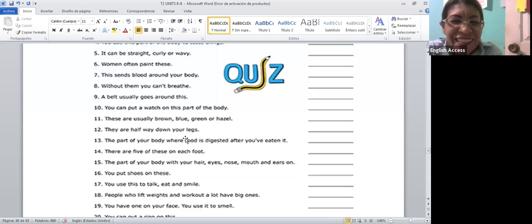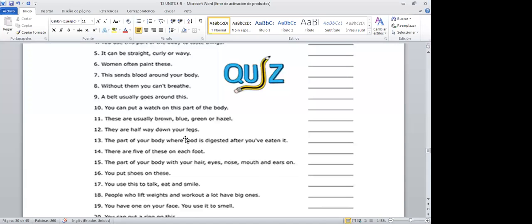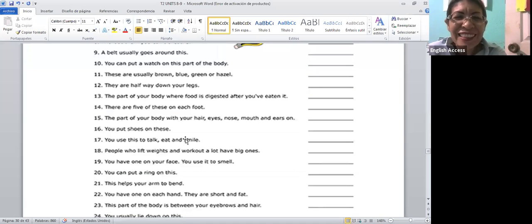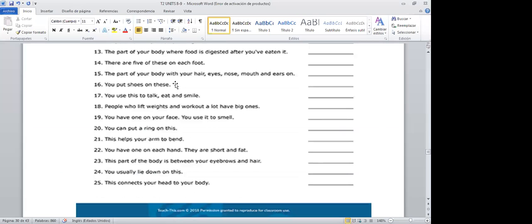Let's see. 16. You put shoes on this. Foot? Okay, foot is only 1. In singular, we say foot. What's the plural of foot? Feet.